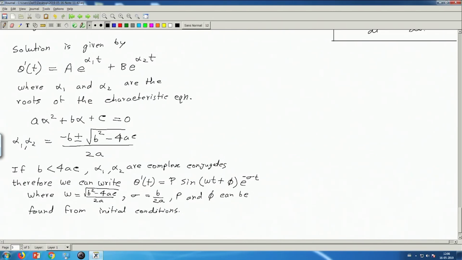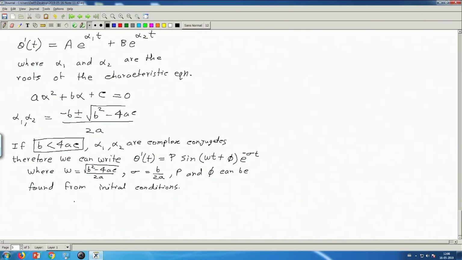Okay, so if b square is less than 4ac, we see that the solution is oscillating. It has a sine term, sine omega t, and then the amplitude decays because of this exponential term.